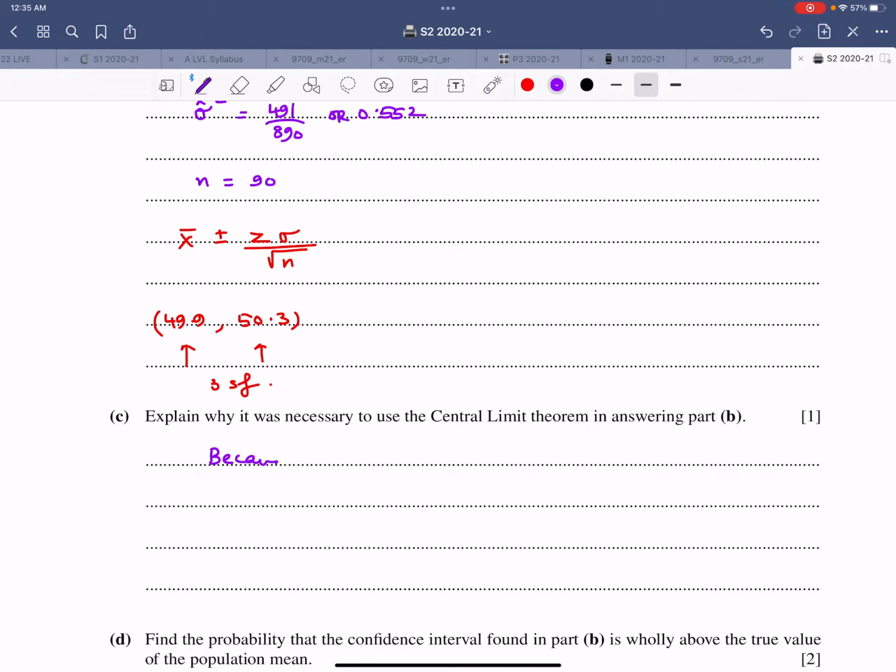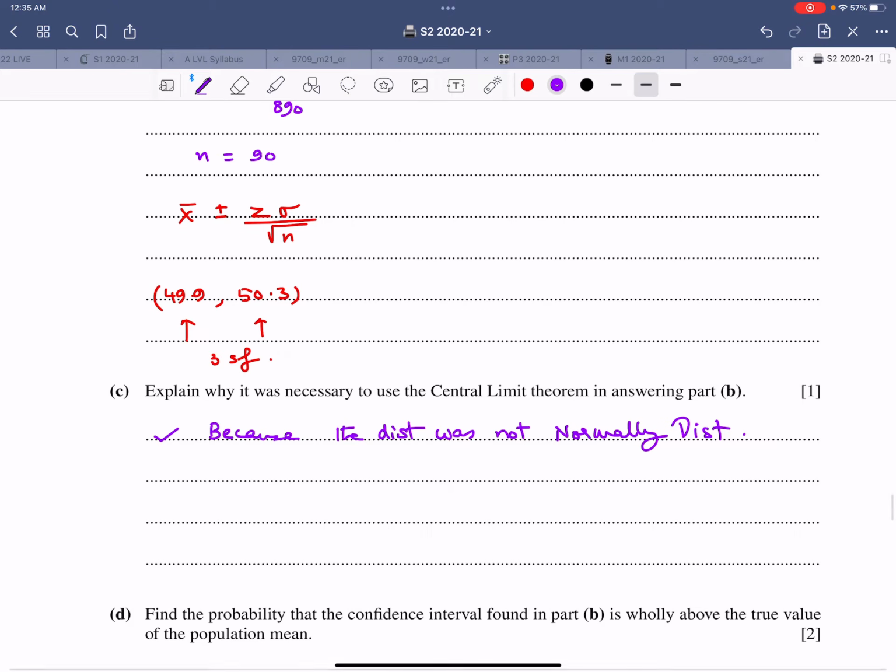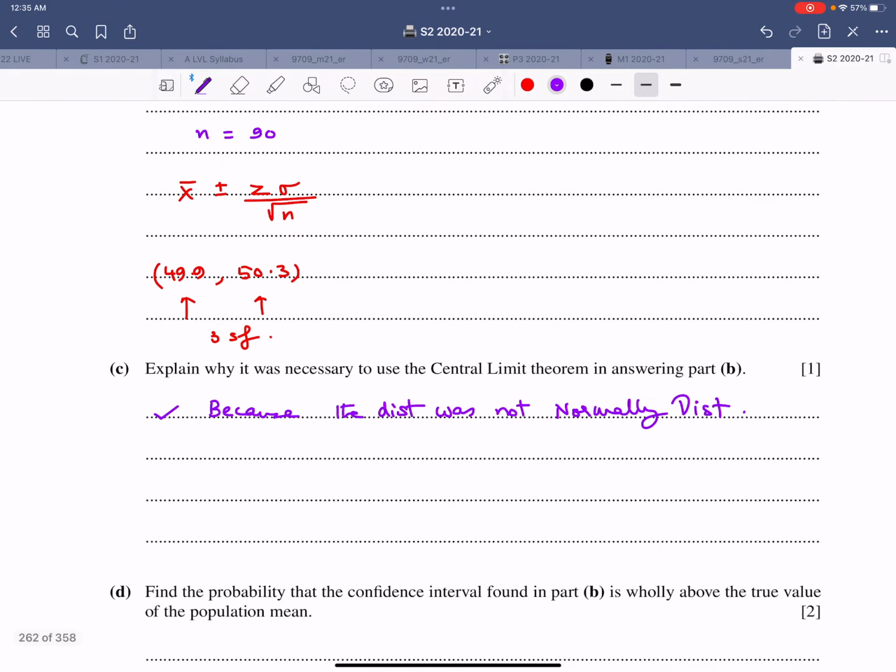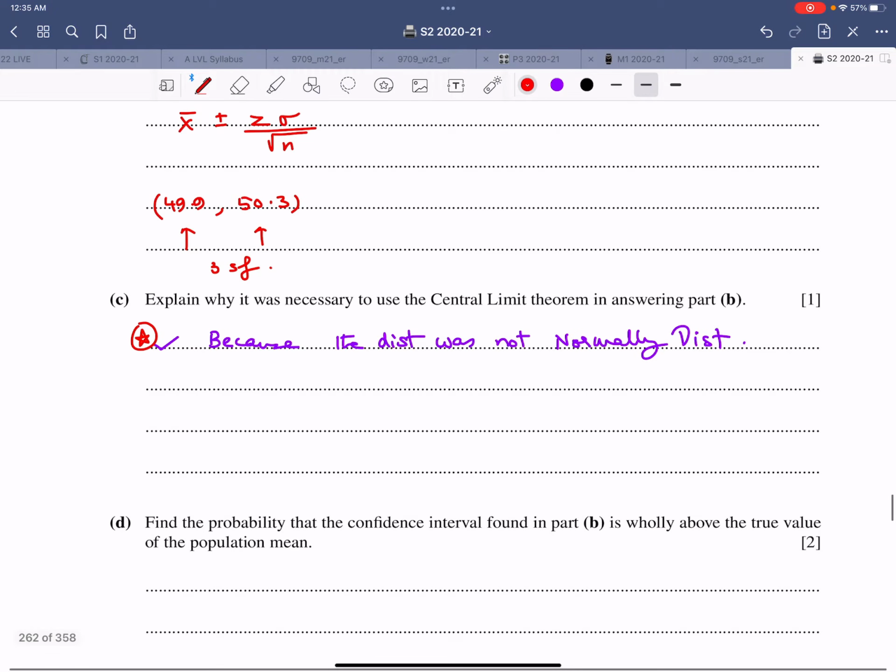Because the distribution was not normally distributed. Because it does not say that it followed a normal distribution. So this is one reasoning that they give. Or another reason, I think this is the best reasoning because that is so obvious.